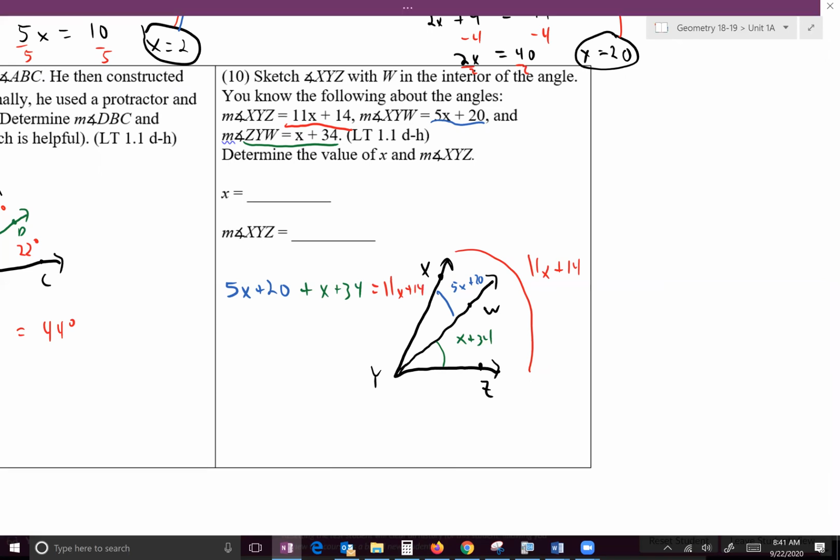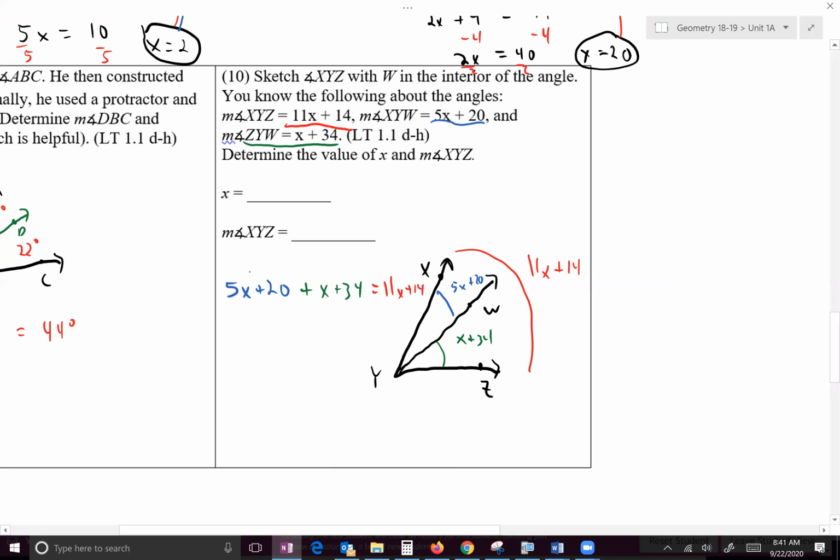All right, we're going to combine like terms. So I've got like terms on the same side of the equal sign. So I don't subtract or do anything like that. I just put them together. So 5x and x give me 6x. 20 and 34 give me 54. Then I'm left over with 11x plus 14.